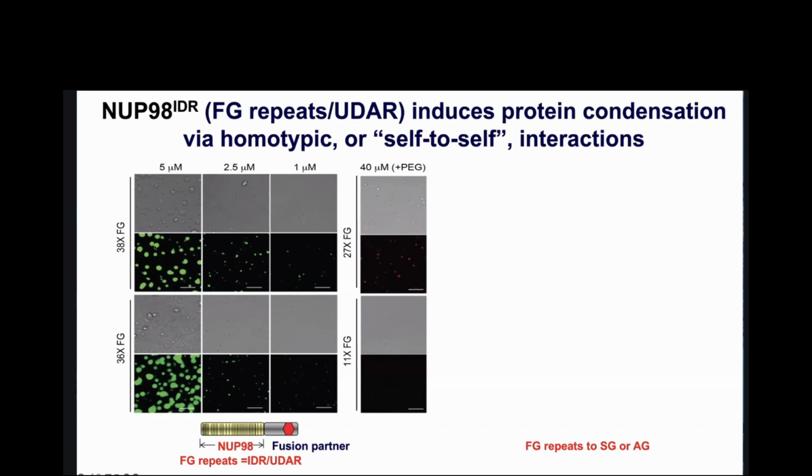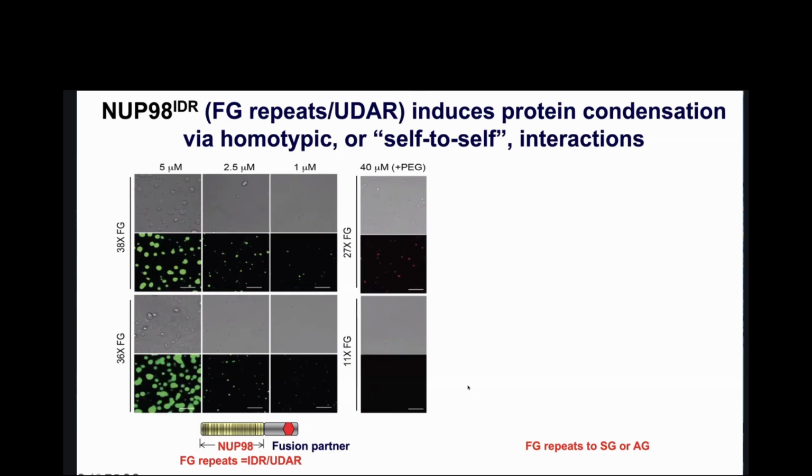And you can see the formation of these foci really depends not only on the concentration of the purified protein, but also on the number of FG repeats that he included in this recombinant protein. As you can see, when he reduced the FG repeat number from somewhat 40 to 20 to 10, he sees a dramatic decrease in condensate formation.